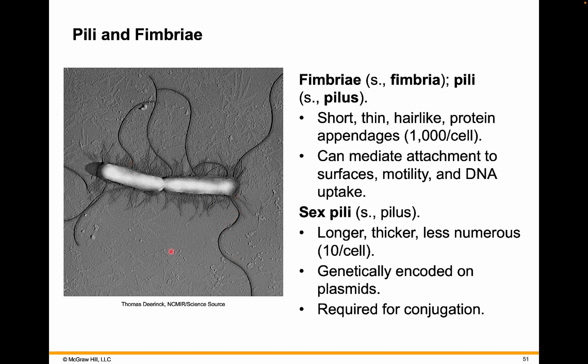These are required for conjugation. What it means is that this bacterium can associate with another bacterium, and they can connect by this sex pilus, and a part of its chromosomal DNA or a plasmid can be carried through this to confer the genetic material to the other.